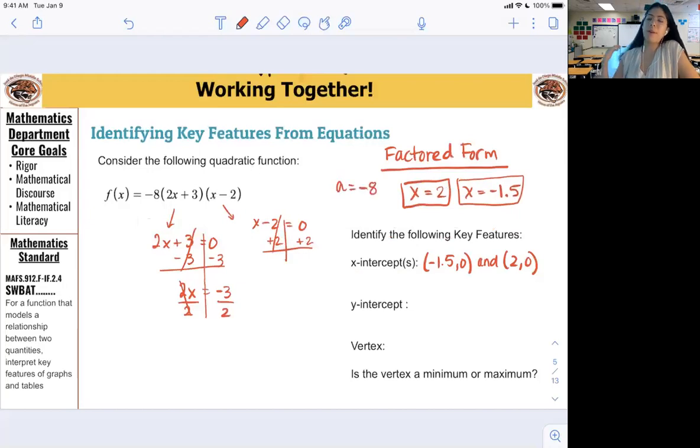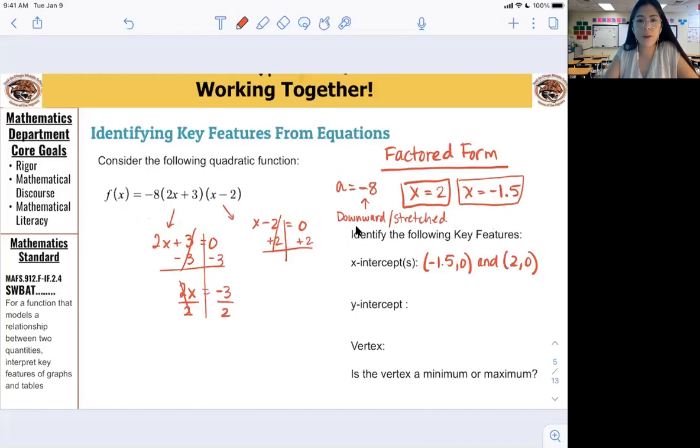Now what does that tell me about my graph? It's downward and stretched. They've all been downward and stretched so far. I didn't even notice that.